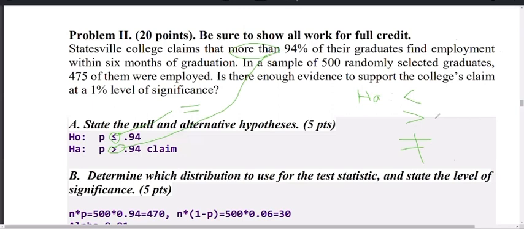Your H0 is still going to be the equality sign.